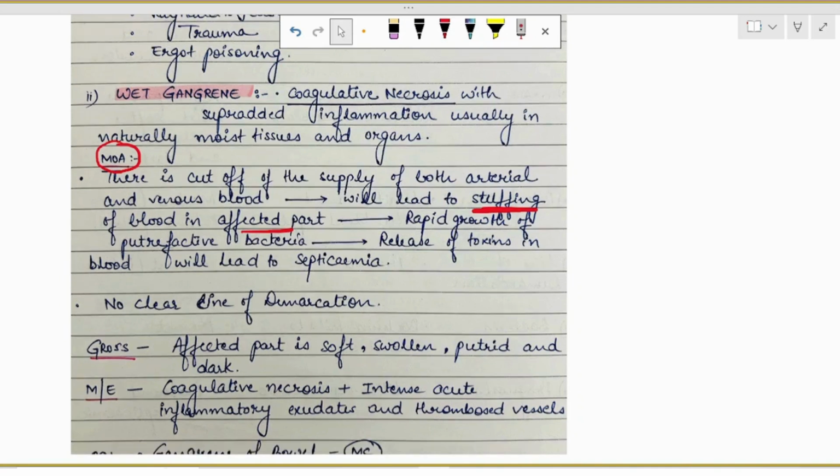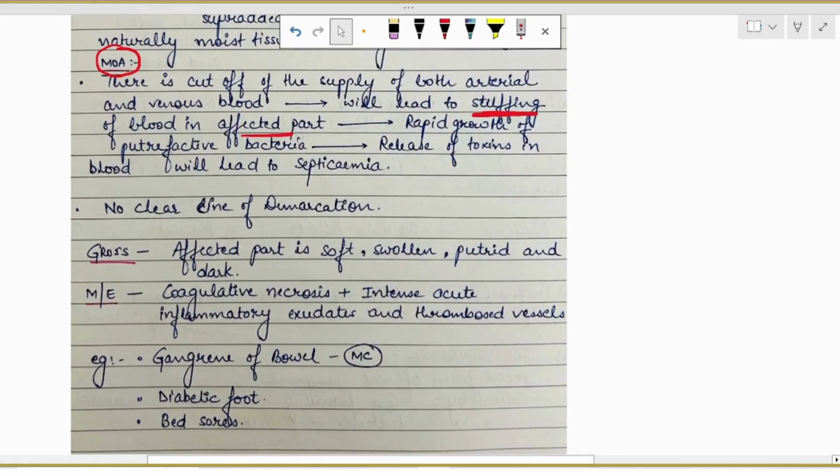How will the wet gangrene grossly appear to us? The affected part would be soft, swollen, putrid, and dark. And how will it appear on microscopy? As I told you earlier, it is more of coagulative necrosis plus superadded inflammation.